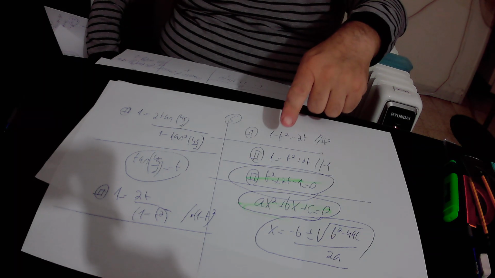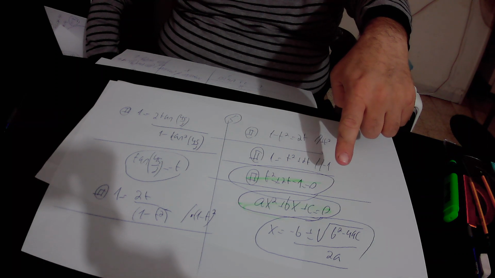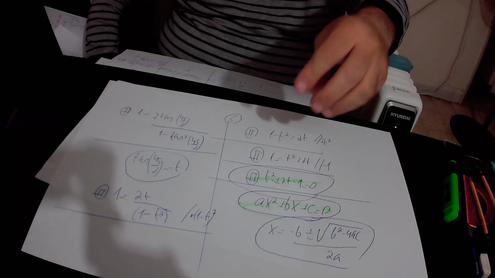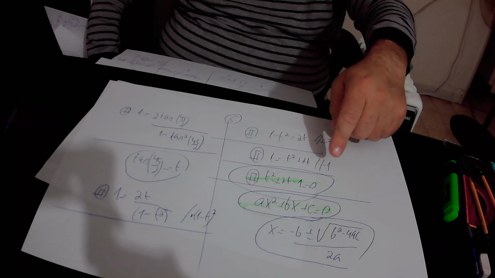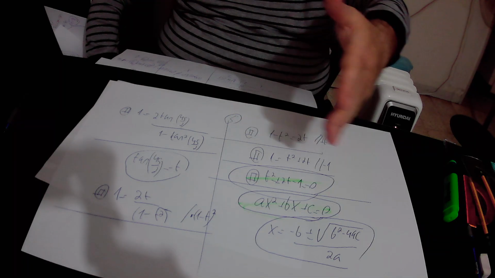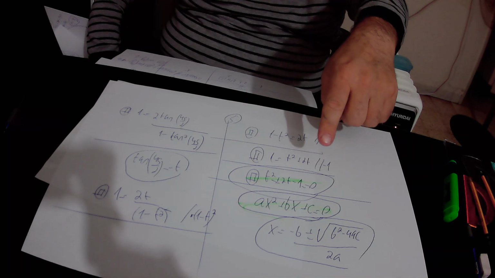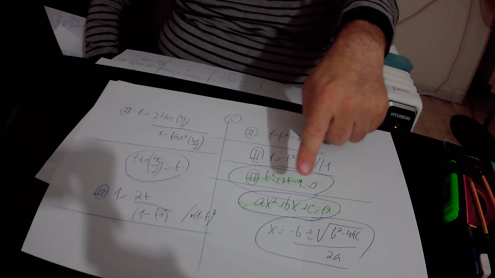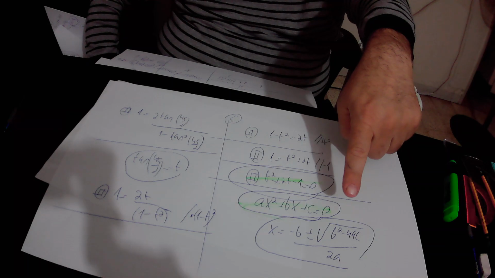The general formula for a quadratic equation is ax squared plus bx plus c equals 0. Here a, b, and c are the coefficients of the quadratic equation, and x is the variable that we are looking for. According to the quadratic formula, x equals minus b plus minus square root of b squared minus 4ac over 2a.